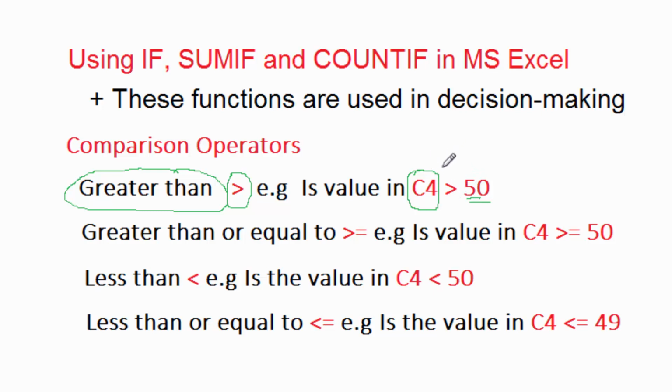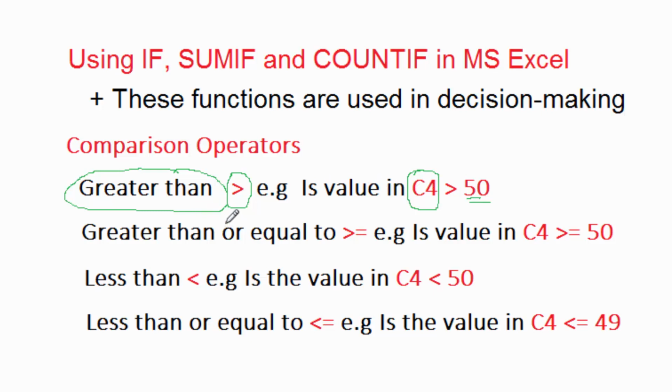And assuming in C4 I have 65, 65 is greater than 50, so this expression will become true because indeed 65 is greater than 50. So in comparison with the greater than sign, the result will either be true or false.